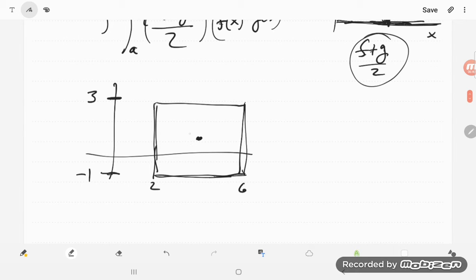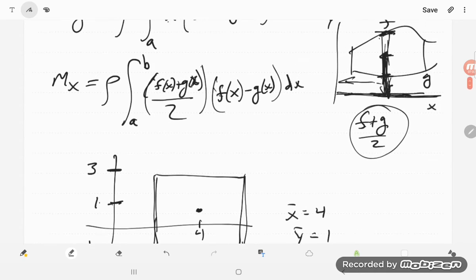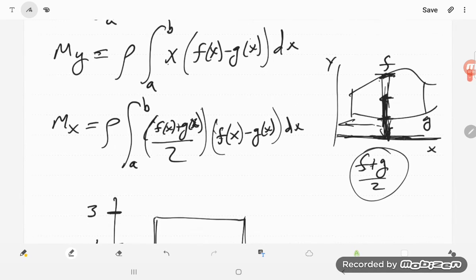And so I should get values of 1 and 4. So my x bar should be 4 and my y bar should be 1. Let's see if our formulas here make that work.